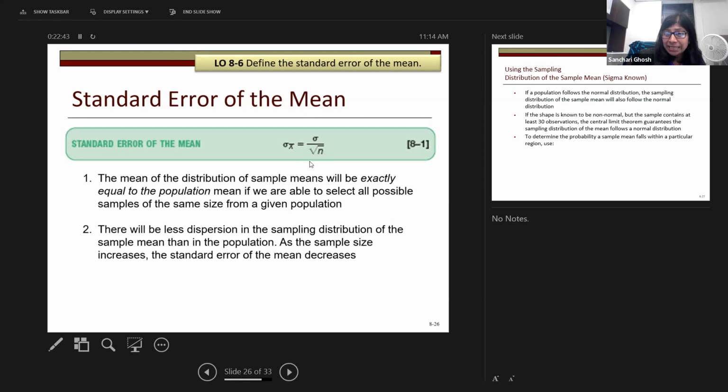As n increases, the standard error of the mean will keep on decreasing. That is why we follow the central limit theorem of having a large number of samples. So if you are targeting a population of 500,000, have hundreds of samplings, hundreds of surveys to do from your population data.